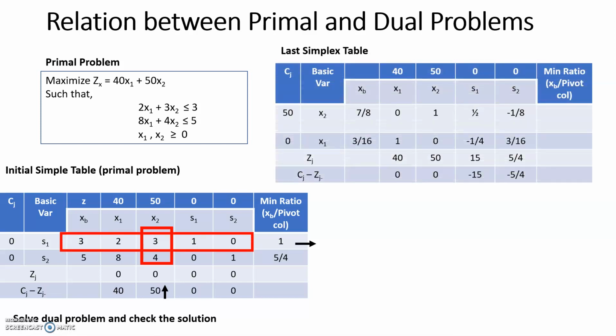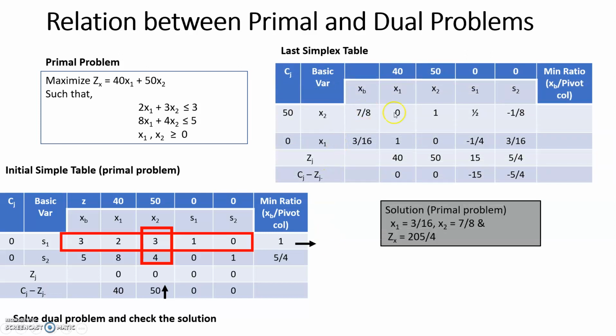Now look very carefully. The solution of the primal problem we achieved is x1 is 3 divided by 16, x2 is 7 by 8, and the value of z is 50 into 7 by 8 plus 40 into 3 by 16, which is equal to 205 by 4.